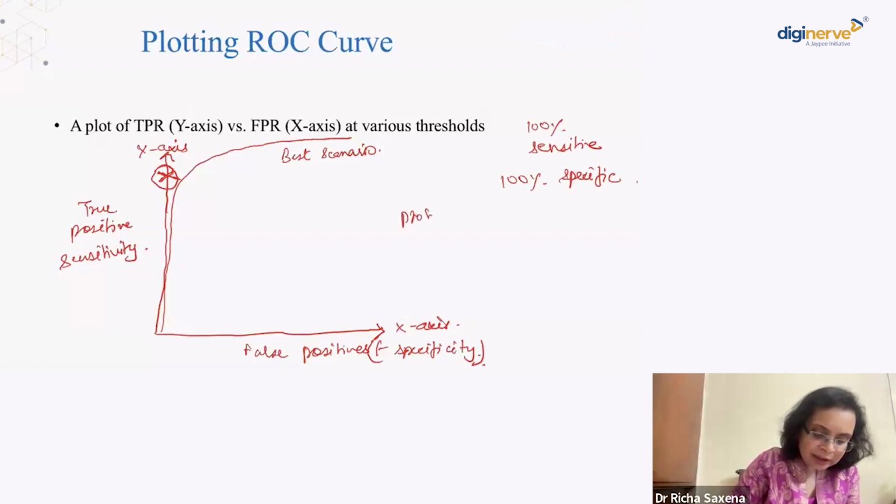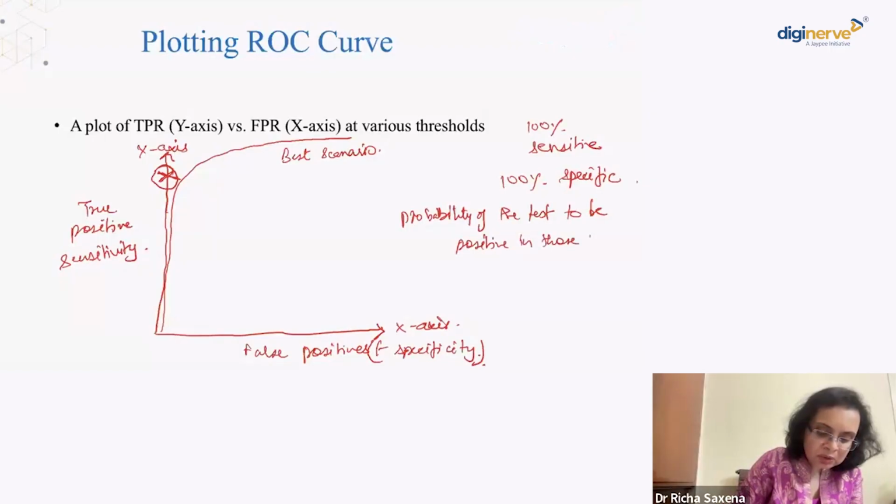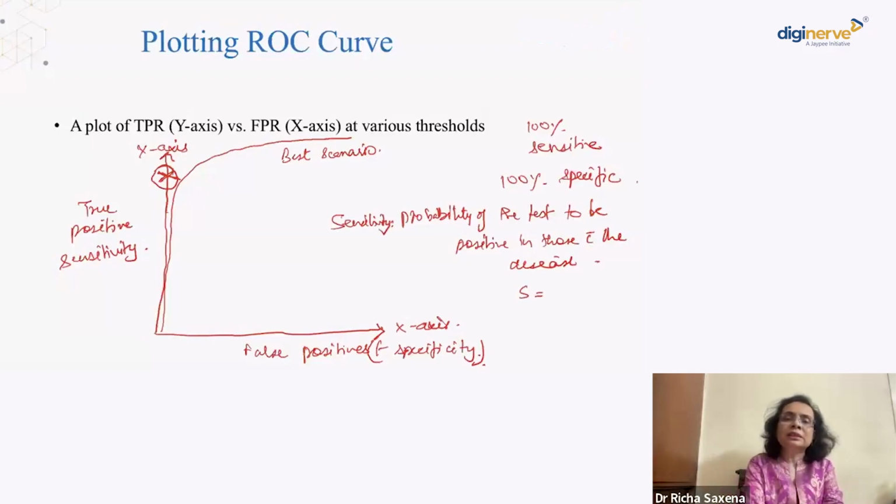Sensitivity is the probability of the test to be positive in those who have the disease.